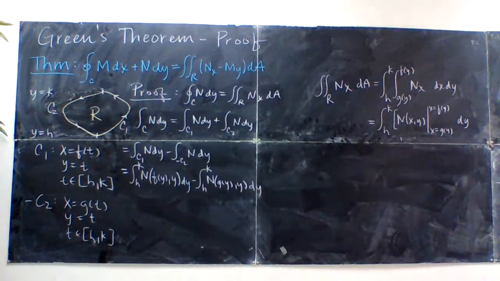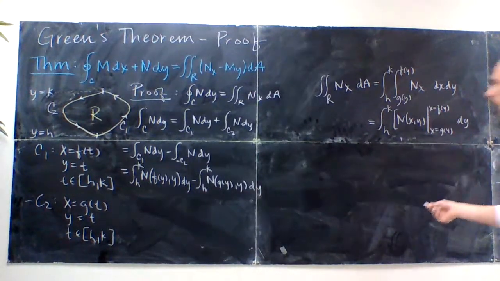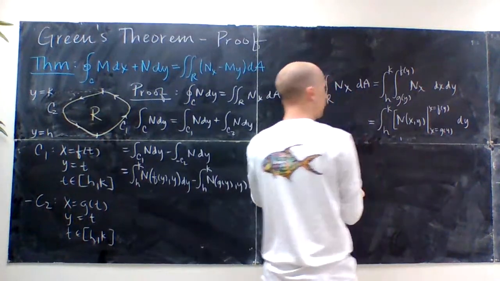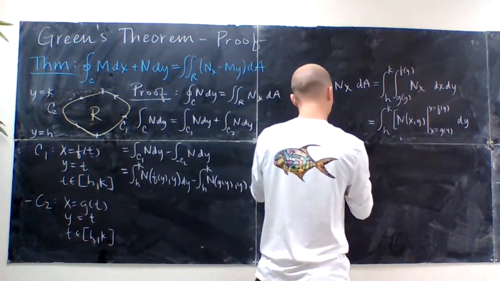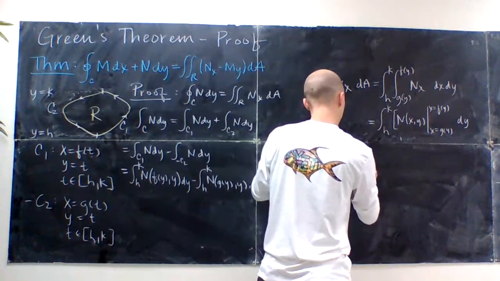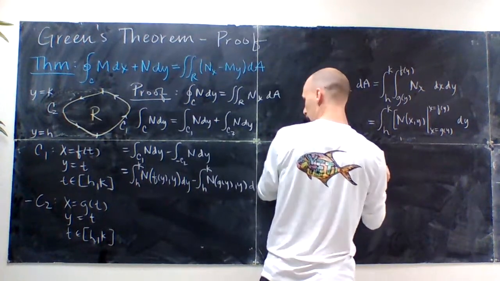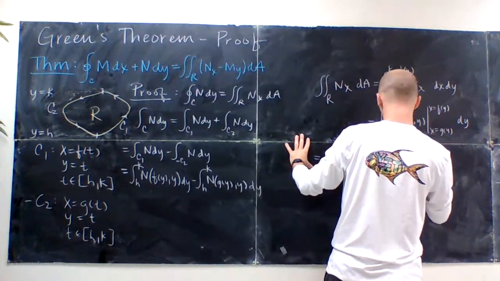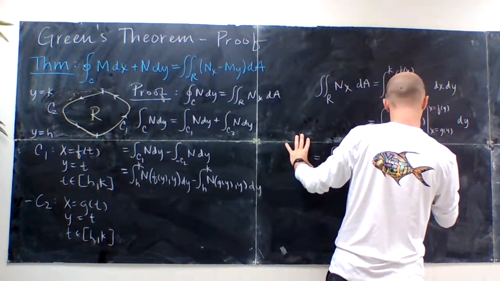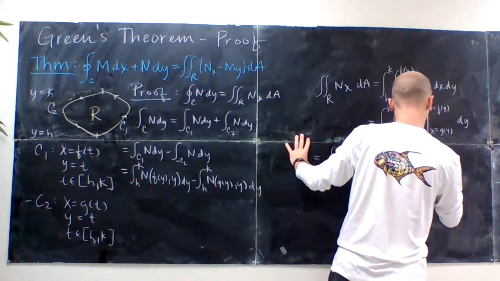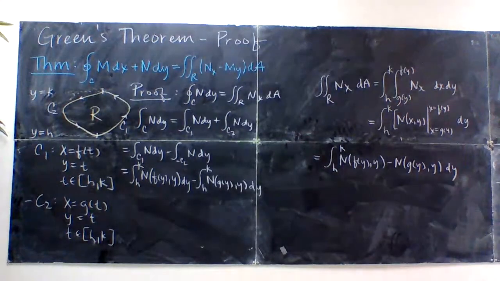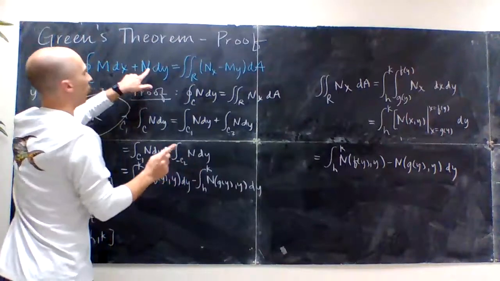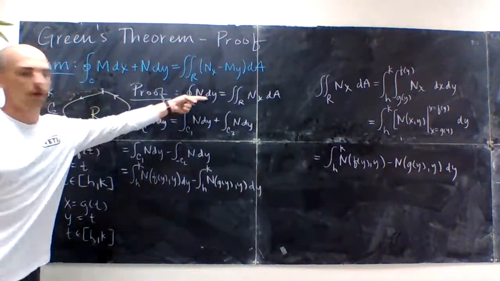And then when I actually plug these in for x and subtract, I'm going to have the integral from h to k of n of f of y and y minus n of g of y and y. All right, and these are the same, so I'm going to conclude that this is equal to that, right? What I had hoped to show.